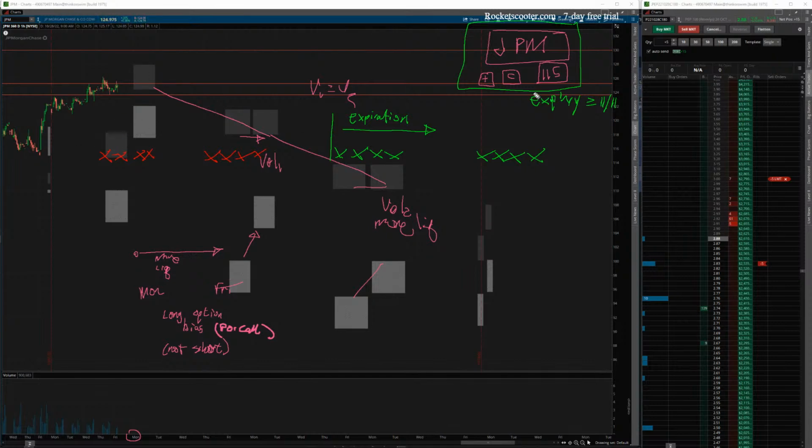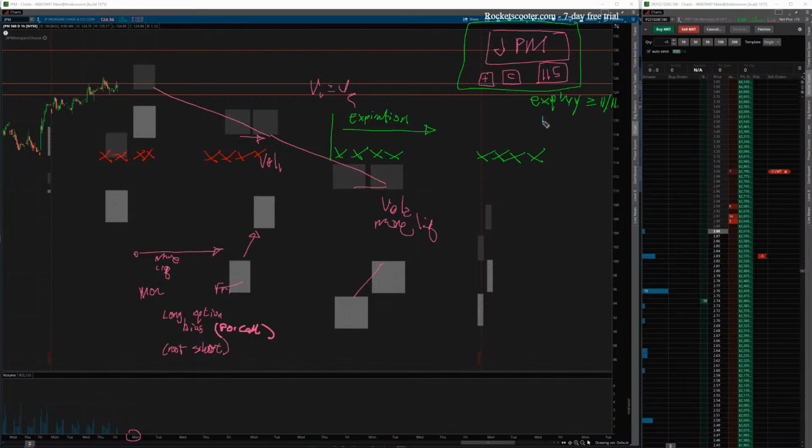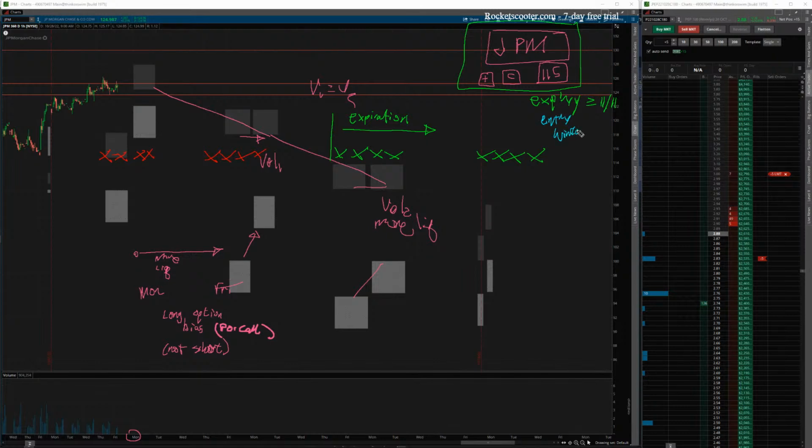My entry window, because I want to do longing the market. This is an options planner, right? It's a new indicator we're going to do with multi-map. Entry window, which means since I'm longing, the rules are: one, I want the volatility shrinking.